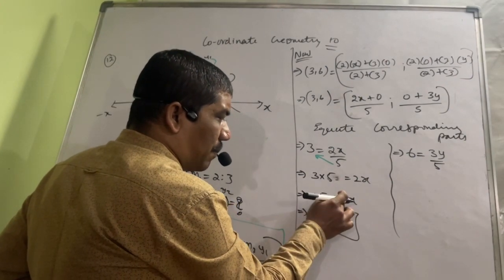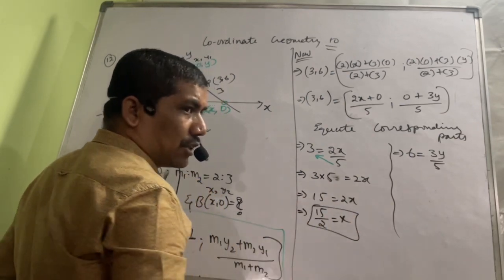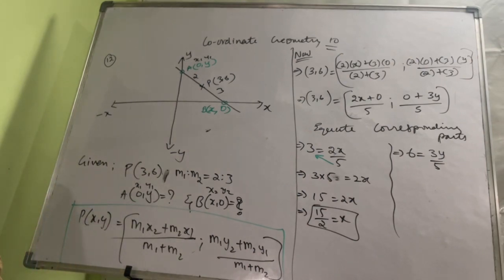See, it is in multiplication, here it becomes division. So whenever multiplication changes to division, or division changes to multiplication, plus will remain plus, minus will remain minus. Whenever an addition part comes to the left side, the subtraction part goes to the right side.